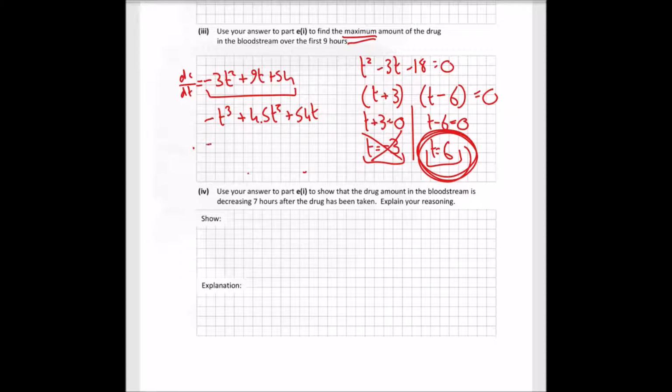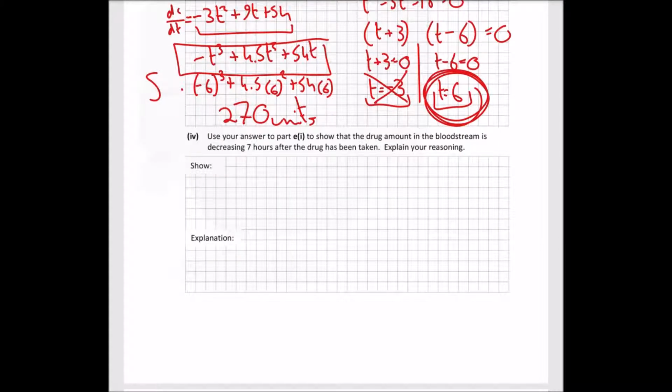So now if I put 6 in for this, I should get back out 270 units of the drug. Okay, so if we're back in the original formula, and after 6 hours I get this much of the drug, that's the maximum amount of drug that is going to be in the system.